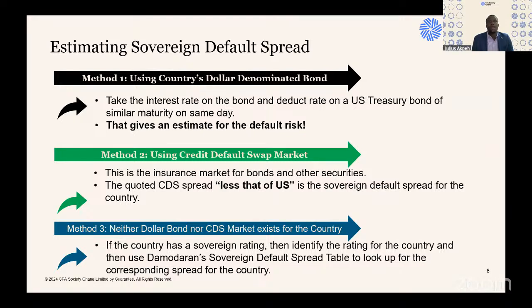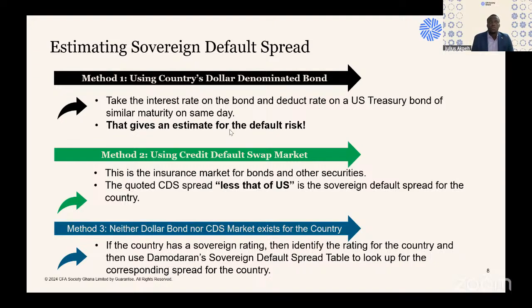The difficulty we have in Ghana is that the external market is closed on us, so the government is not able to float bonds on the foreign debt market. So we don't have Eurobonds actually traded. In your country, if you do, you just pick that up quickly.